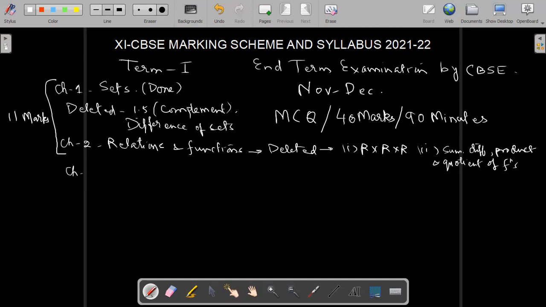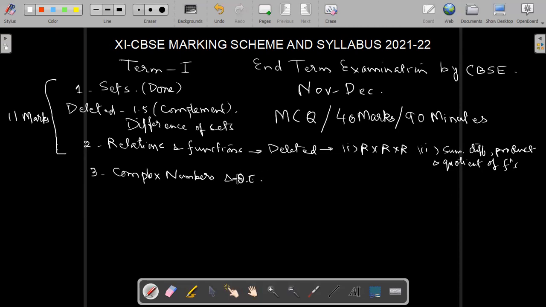Then chapter number, whatever it is, 3: complex numbers. This is not the chapter number, you can see the number from your textbook. Then we have complex numbers and quadratic equations that we have to start.